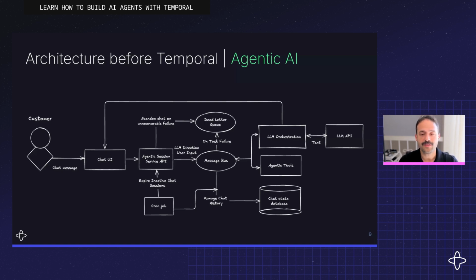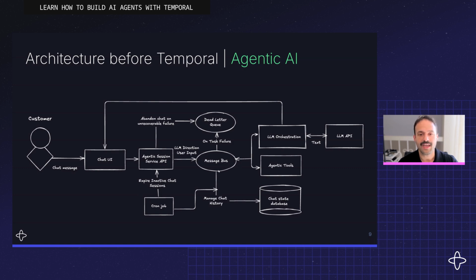And as you can see, there's all this stuff in here that just has to do with queuing and orchestration, because that's the problems you'll wind up solving a lot of the time. Like you'll have to have cron jobs that kick off all of these different chats and try to do garbage collection, so that way you're not storing all these inactive chat sessions indefinitely. The whole thing has to somehow be handled by some main message bus.